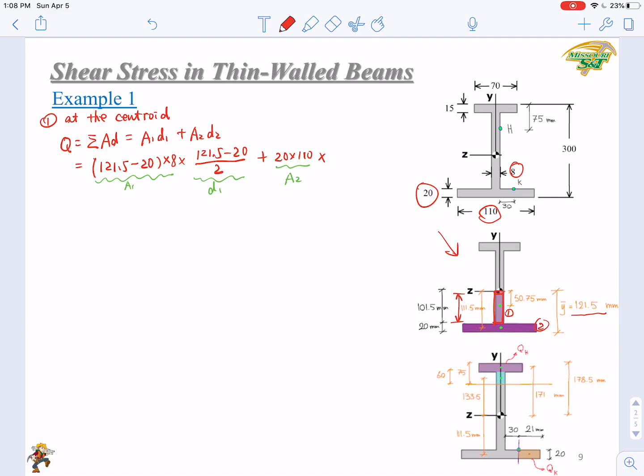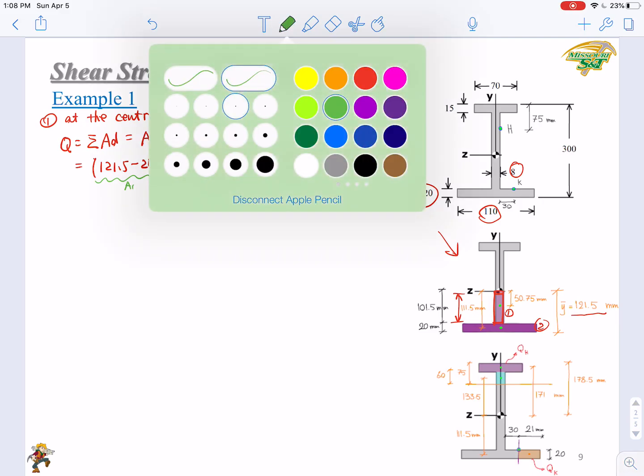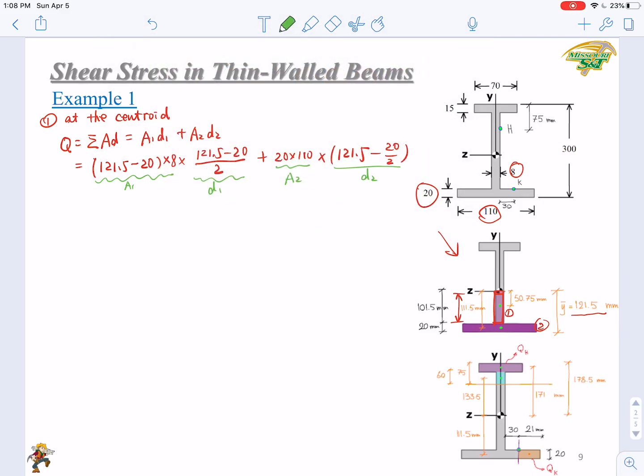D2 here is just 121.5, the y bar, minus half of the thickness of the bottom flange, that is 20/2. Here you get your D2. Then we get a result of the Q. The Q is 286,500 cubic millimeter.